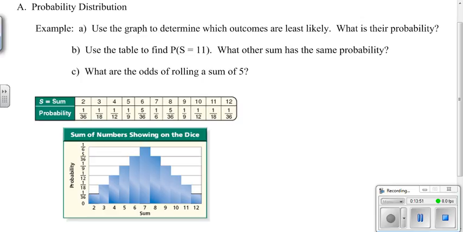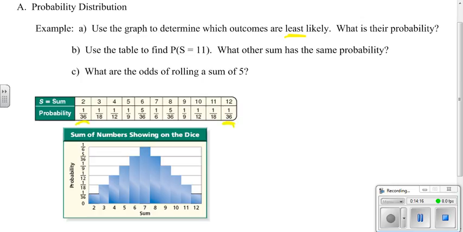This table has already been made for us to show what is a probability given that sum. So what is our probability of rolling a 2? Well, 1 out of 36 times we should roll a 2. What is our probability of rolling a 9? 1 out of 9 times we should get a 9. So using the graph, we want to determine which outcomes are least likely. Which ones have the smallest probability? Those are probably going to be the ones on the ends.